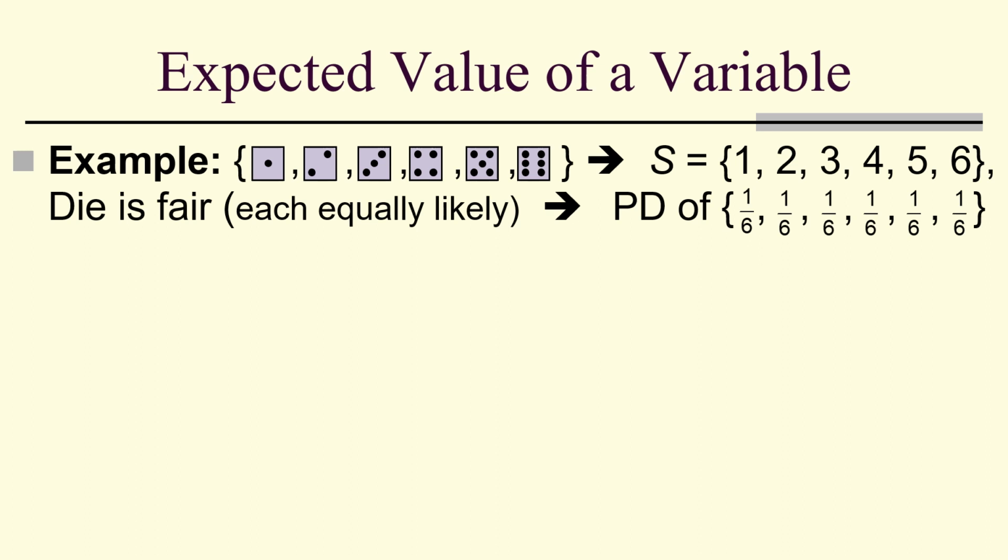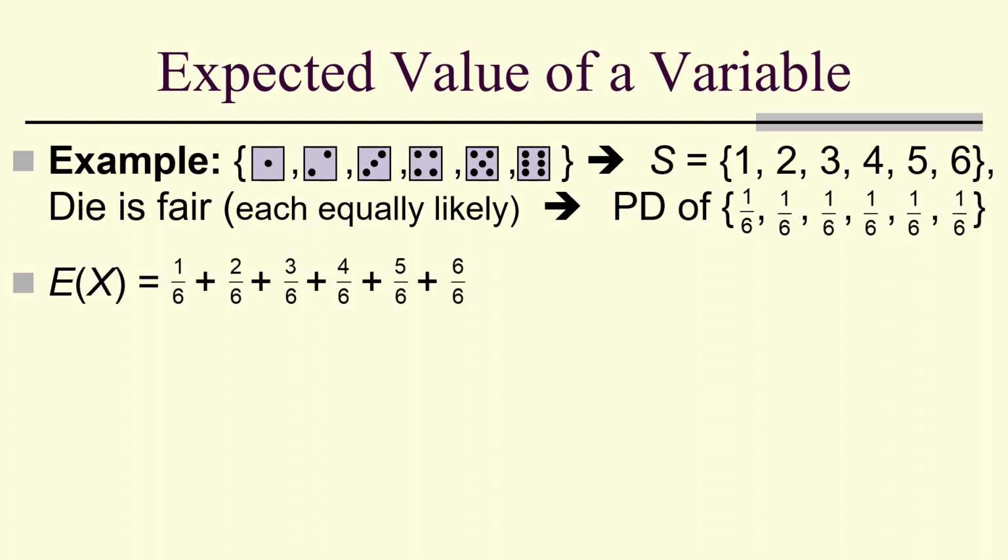For example, here are 6 outcomes of a die, and notice we're going to tag that. Our sample space is going to be the numerical 1, 2, 3, 4, 5, 6. We're going to assume the die is fair, so each outcome is equally likely, so our probability distribution is all 1/6. Our expected value is 1/6 times 1 plus 1/6 times 2 plus 1/6 times 3, and so on.